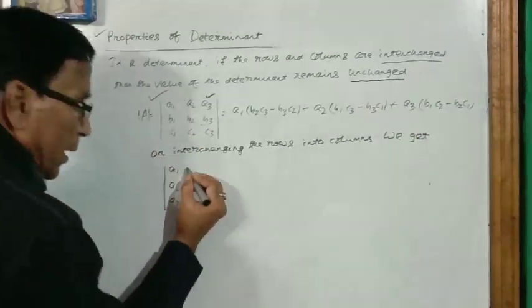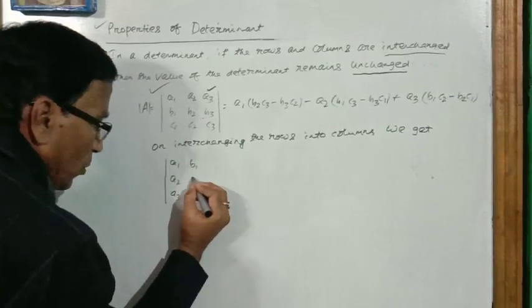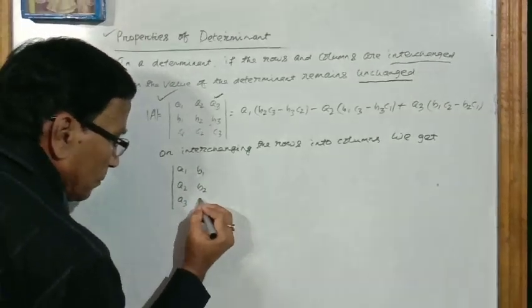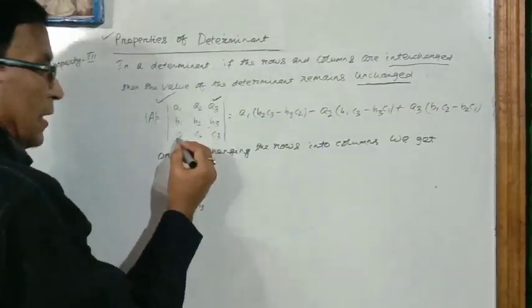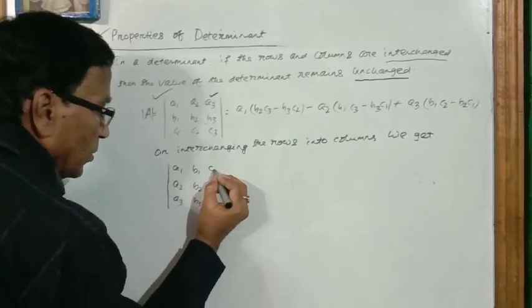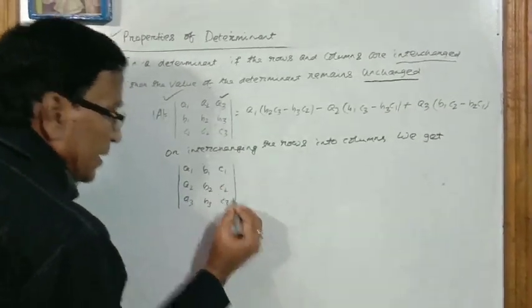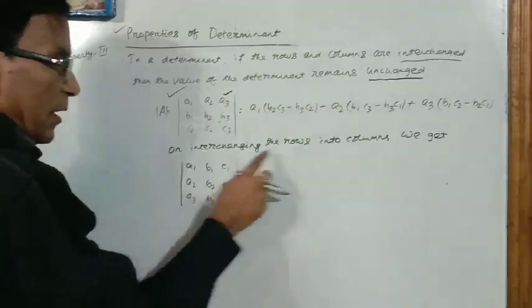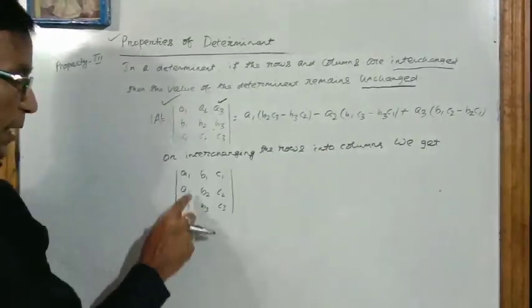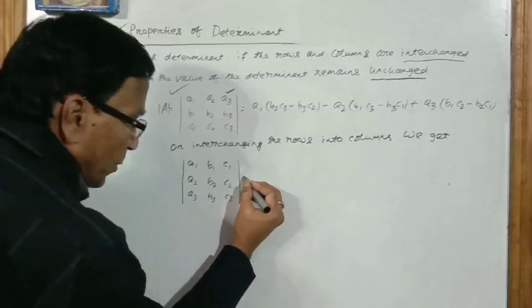The second row becomes the second column B1, B2, B3. And the third row becomes the third column C1, C2, C3. So in this determinant, on interchanging the rows into columns, we are getting this determinant. So let us find out its value.